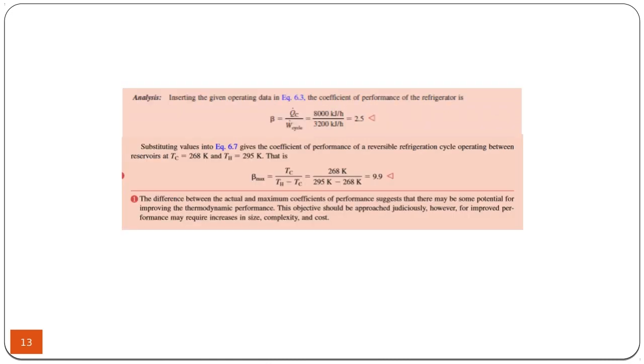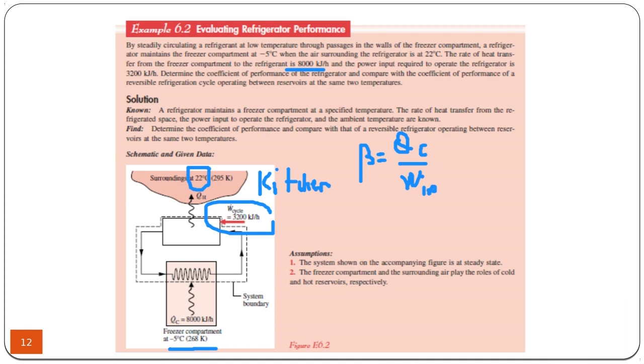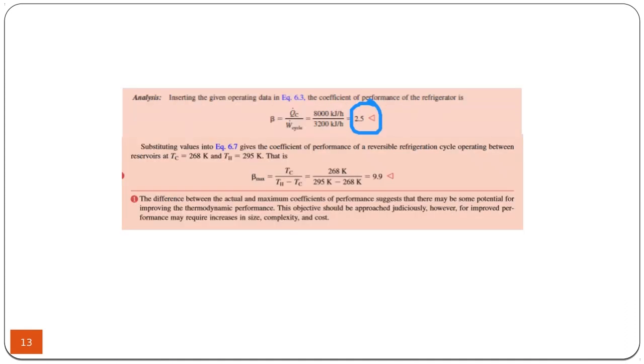So according to the calculation of coefficient of performance, beta, QC divided by W, it gives you a coefficient of performance of 2.5. But a reversible system operating between the given temperatures, which is -5 and +22, the calculation of coefficient of performance gives you something else. Be careful. Here, the temperatures must always be Kelvin.